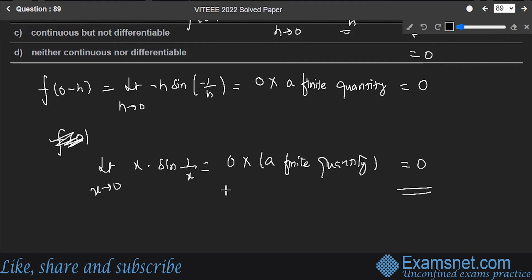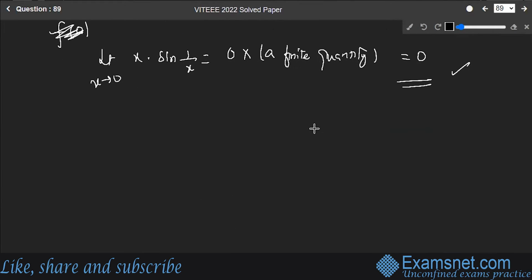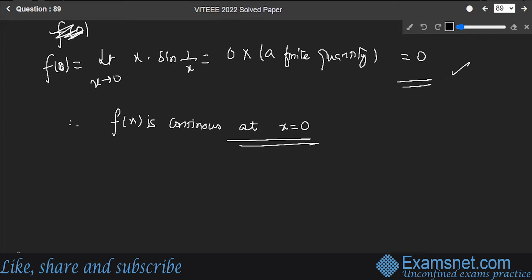So it is 0. In the three cases, the values are the same. Therefore, the function is continuous at x = 0.